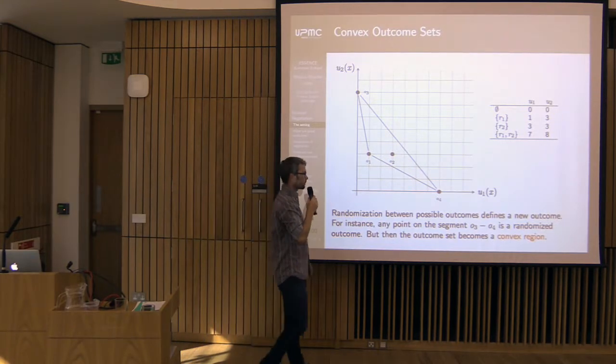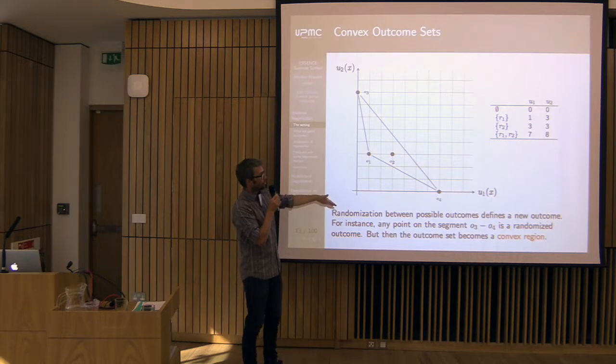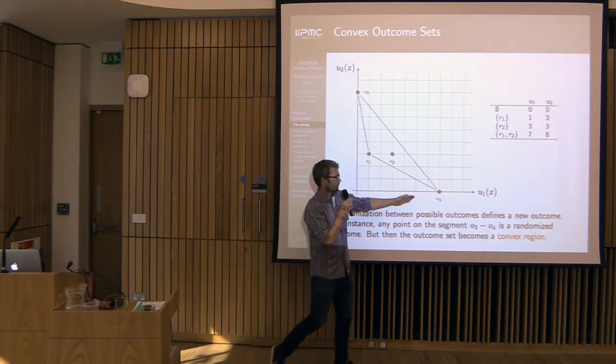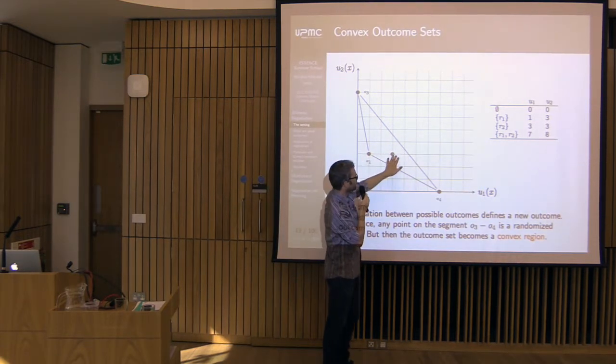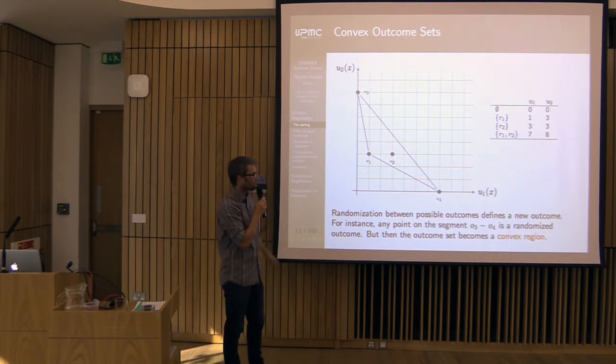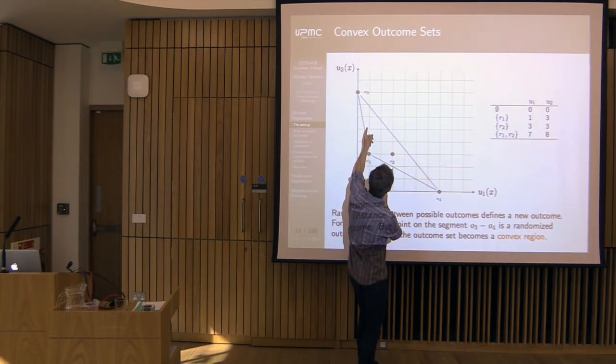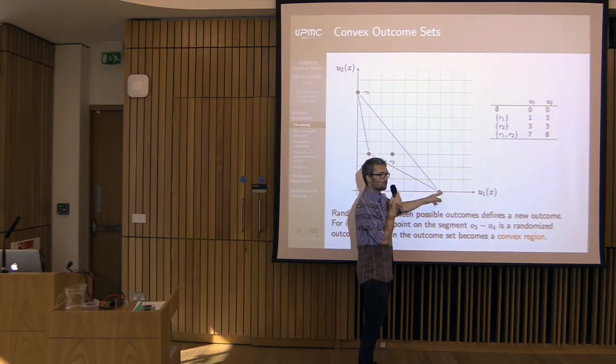In some domains, you could also say that you could randomize over the different outcomes. So instead of having a discrete collection of points on this diagram, you have a region, which is typically a convex region, where you could say, for instance, this would be outcome 3 with some probability and outcome 2 with some probability.